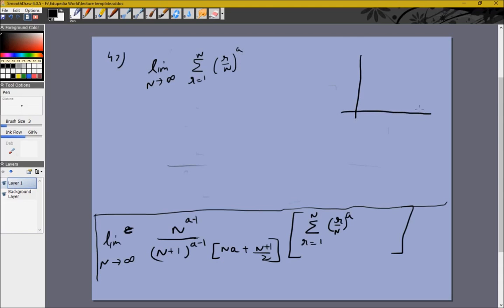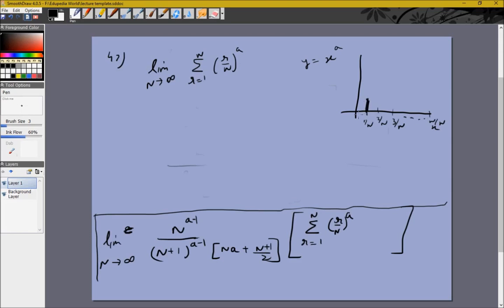If we draw a graph of this, it is 1 by n whole to the power a, right. So let's say this is x, and this is the graph of x to the power a, which is y, right. 1 by n, 2 by n, 3 by n, dot dot dot, till n by n, which is basically between 0 and 1. Now 1 by n to the power a, let's say, has this value.